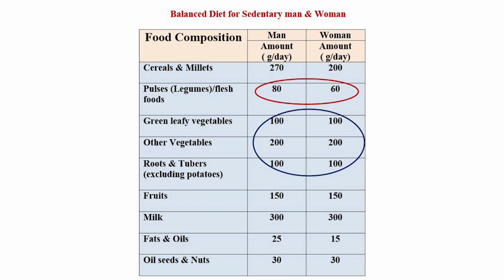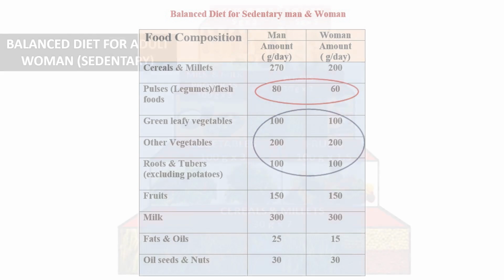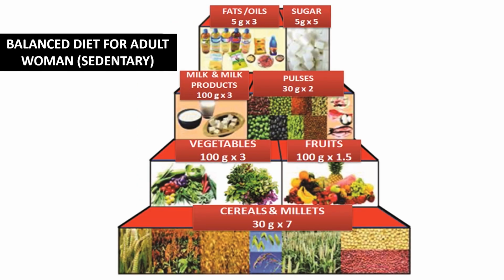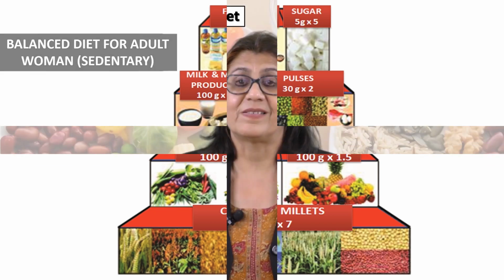Of course, the milk and pulses requirement would remain almost the same, though the pulses may be a little less, but for vegetables and fruits, the requirement for men and women would be almost the same. So like this, using the daily food guide, the 3 food group classification, you can decide on the portion sizes to include so as to provide a balanced diet.